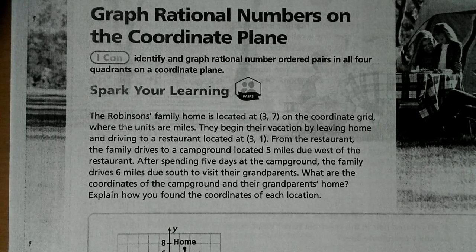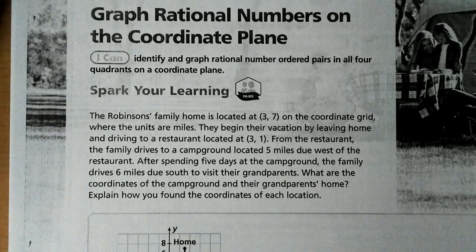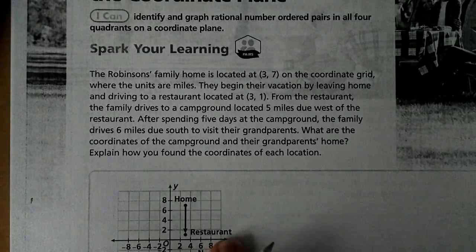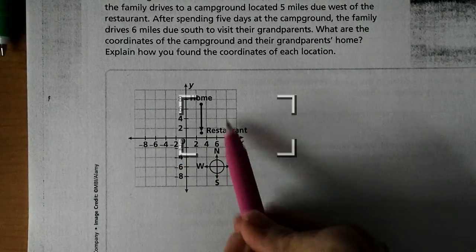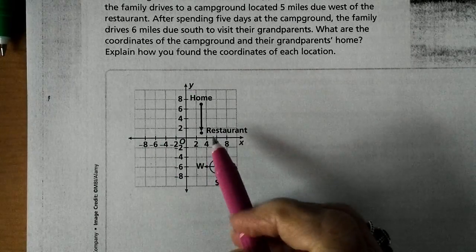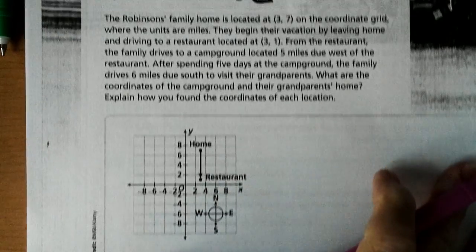All right, so let's look at 11.1, which is graph rational numbers on the coordinate plane. So in 5th grade, guys, the only thing that you worked with was quadrant 1. Now, some of you, since you were advanced, your teacher may have shown you the coordinate plane, all 4 quadrants, but your standard in 5th grade was only quadrant 1, okay?